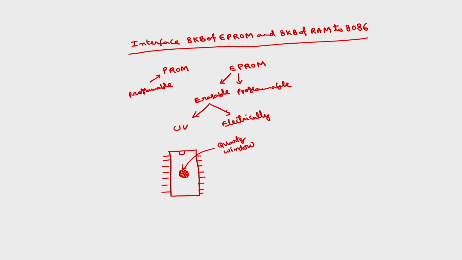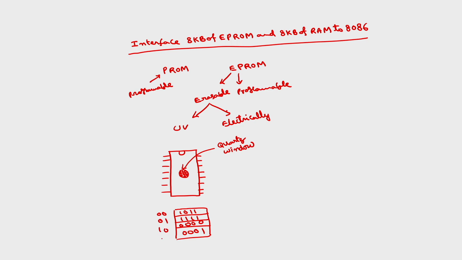If I expose this window to ultraviolet rays with some definite wavelength for a particular time, the contents will be erased. But the drawback of this type of ultraviolet erasable programmable read only memory is, suppose I have 4 locations, each capable of storing 4 bits of information: 1011, 1111, 0000, 0001, say these are the 4 addresses.